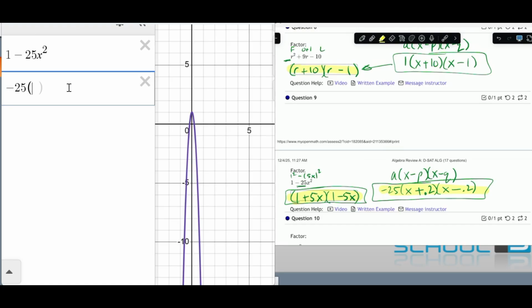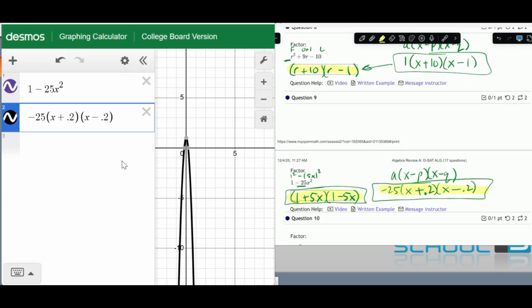Minus 25 times the quantity x plus 0.2 times x minus 0.2. And I would just double check and see, is this the same graph? So if I toggle that on and off, are those the exact same graphs? Yeah. So it passes that check on there, so I know either one of those is acceptable.